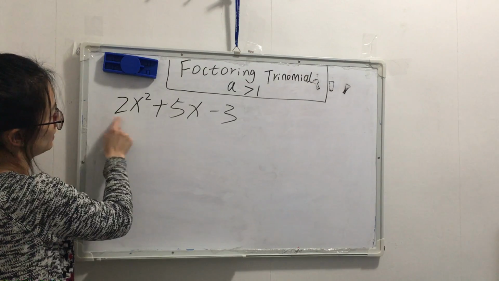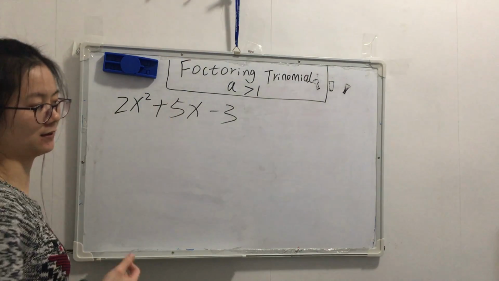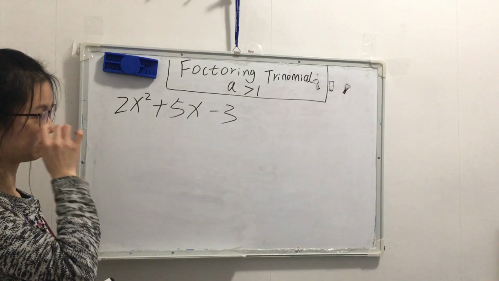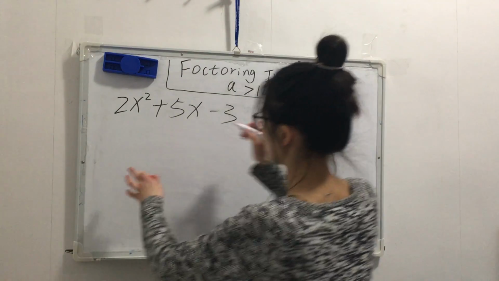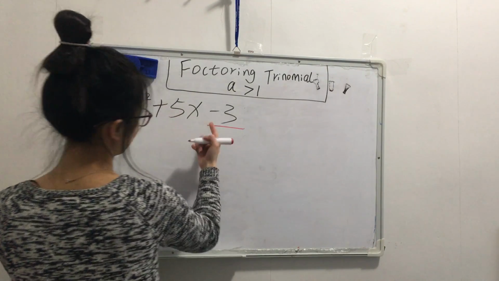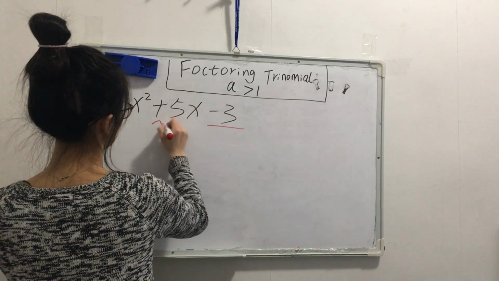The leading coefficient is 2, which is greater than 1. So we apply the same strategies that we just learned. This is the A term, this is the C term. The C term now is negative 3, and this is the B term.